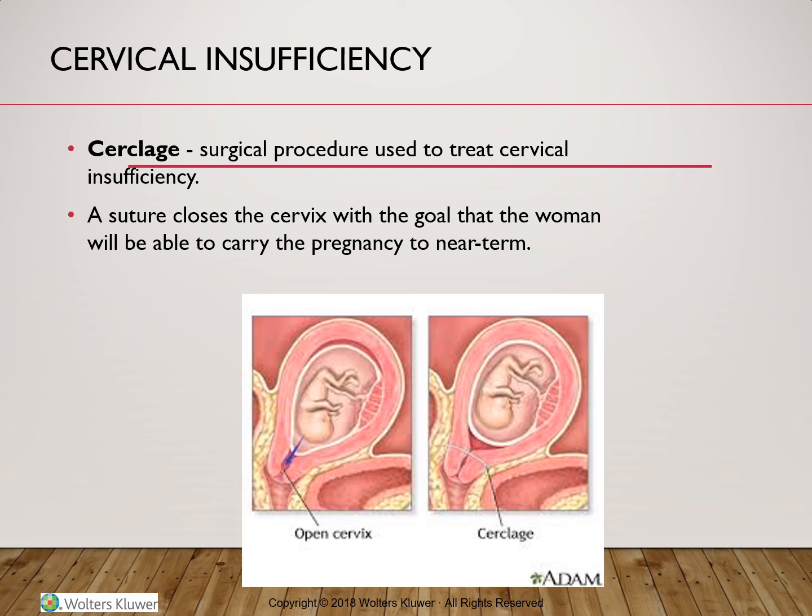It will be done between 14 and 26 weeks of gestation, and sometimes it's done as an emergency procedure to maintain the pregnancy, and will be removed when the pregnancy is at term to allow for a normal vaginal delivery.